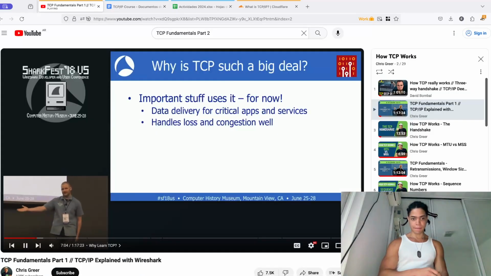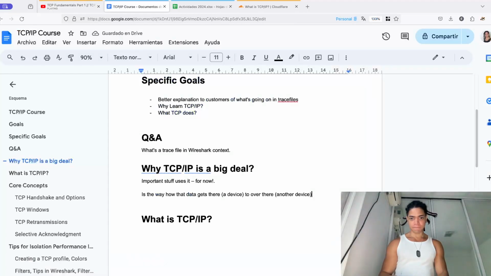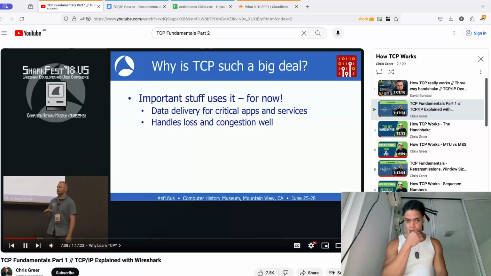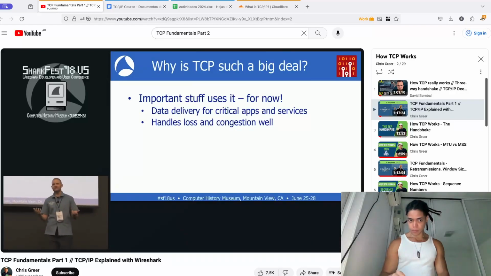And we get a positive acknowledgement that our stuff just got there. Also, TCP handles loss and congestion relatively well.